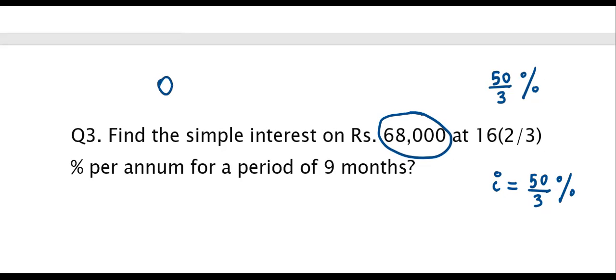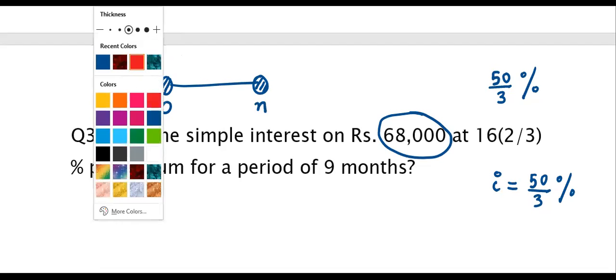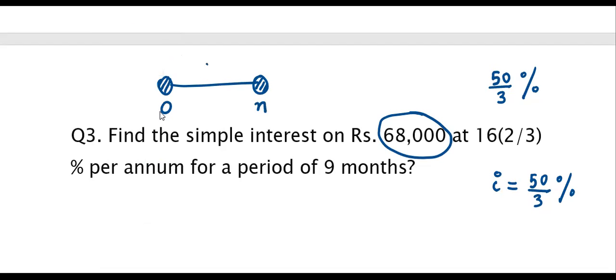Remember, this is the formula: after n years. N could be a fraction as well. So if you deposited 68,000 for 9 months, let me write the formula here.